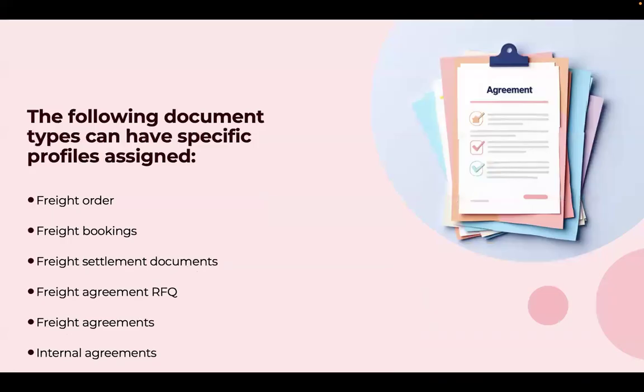You can see the document types that can have specific profiles assigned. These are freight order, freight booking, freight settlement documents, freight agreement RFQ, freight agreements, and internal agreements.